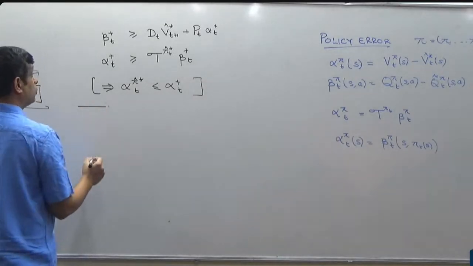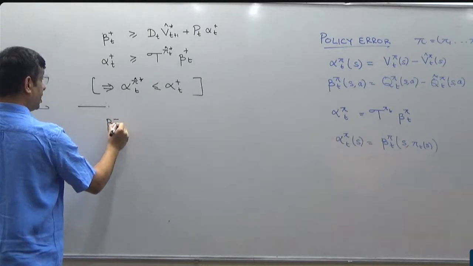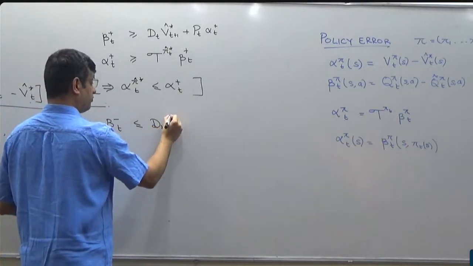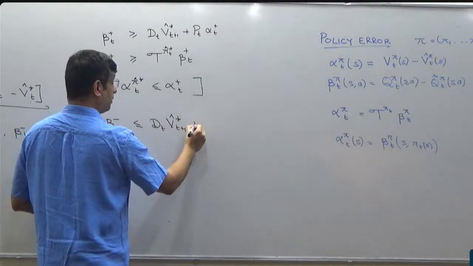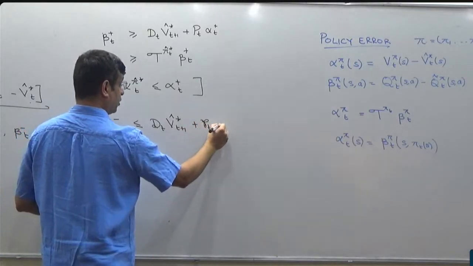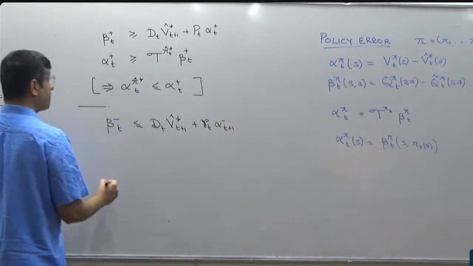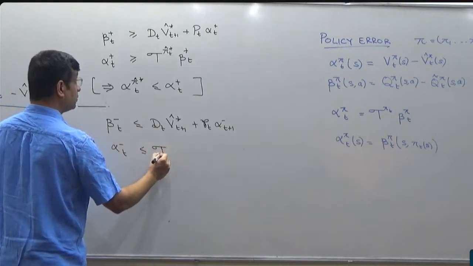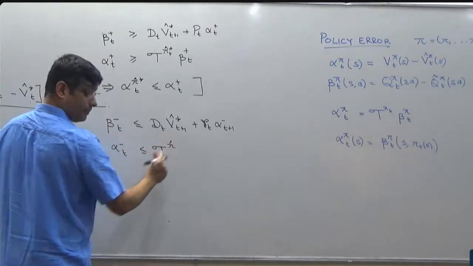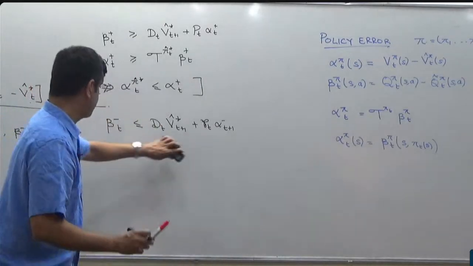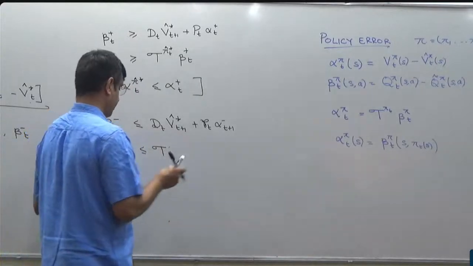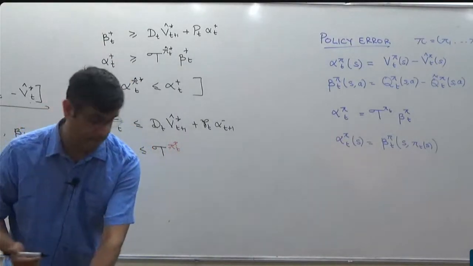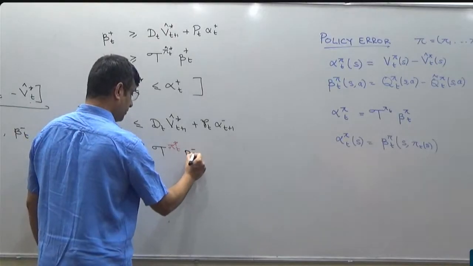What I am going to do for the other guy now is beta minus t is going to be less than or equal to dt of v hat star t plus 1 plus pt of alpha minus t plus 1, and alpha minus t to be less than or equal to the operator for pi star t applied to beta minus t.